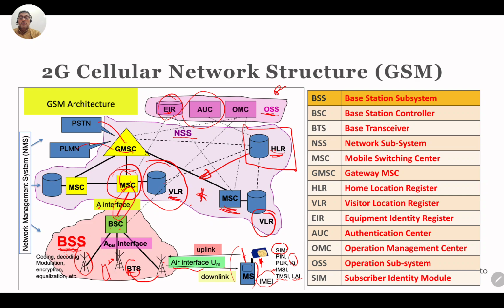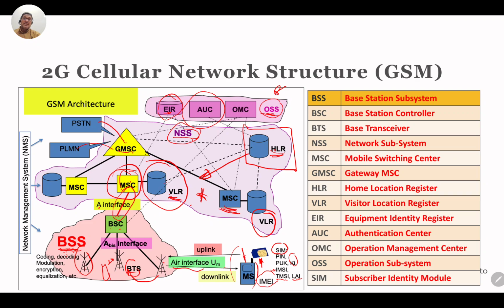This part is called the network subsystem, and then we have the operation subsystem as well. So this is the GSM architecture. It is very easy, as you can see. It is very logical, and these contents make sense.